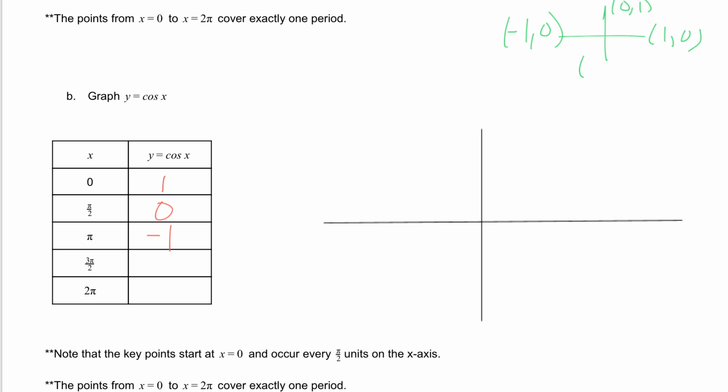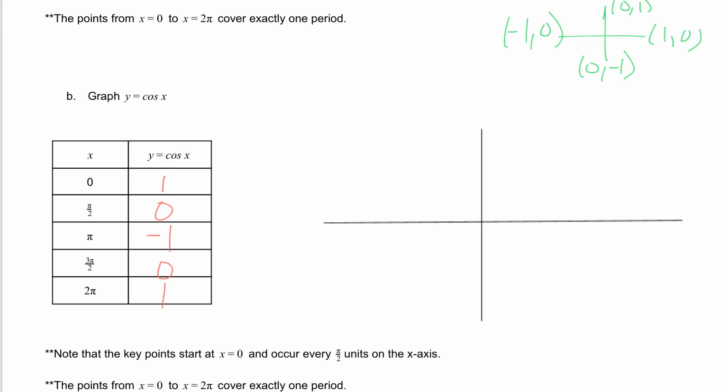This is the point 0, -1. So we go back to 0. And then if we go all the way around to 2 pi, we're back where we started at 1, 0, and our cosine would be 1. So notice we also do our alternating 0 every other one, just like the sine function. The difference is the cosine is starting at 0, 1, where the sine starts at 0, 0.